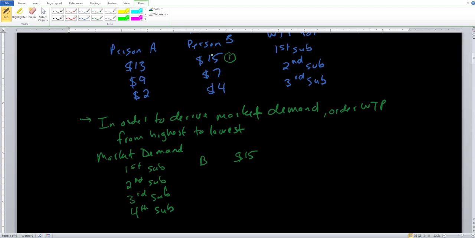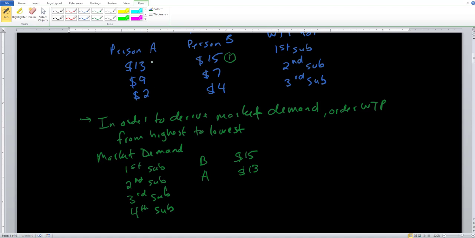Suppose now that there's a second sub provided into the market. Who should get this sub, person A or person B? You're going to say person A in this instance, but how much would person A pay for it? Is it this $13 or this $9? It's going to be this $13, because person A hasn't received their first sub yet.